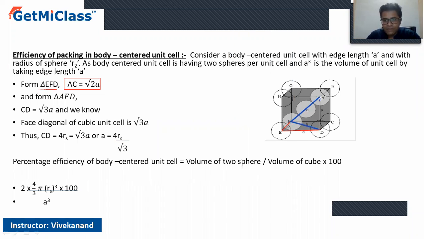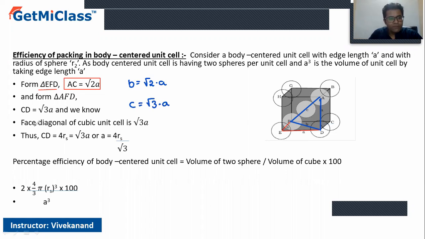Once we found the value of B, that was B equal to root of 2 into A, and after that the C value was root of 3 into A. That is the B and C over here.